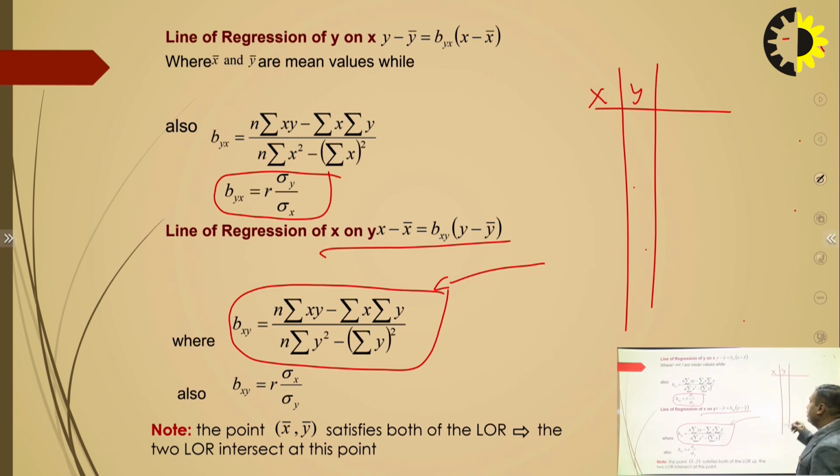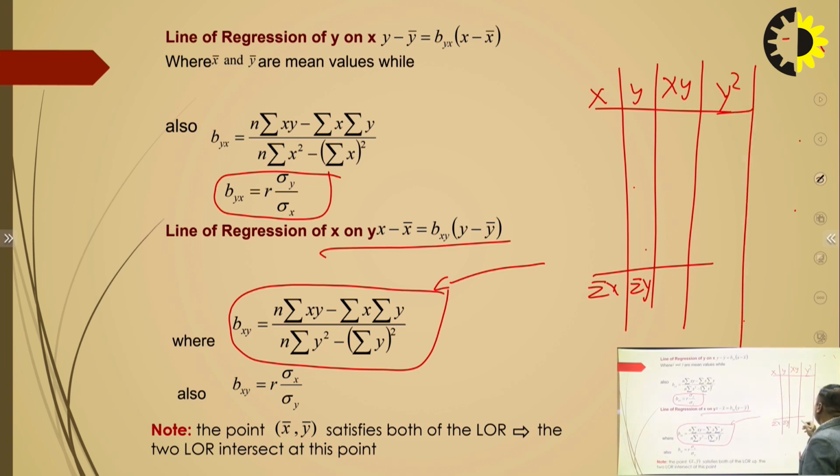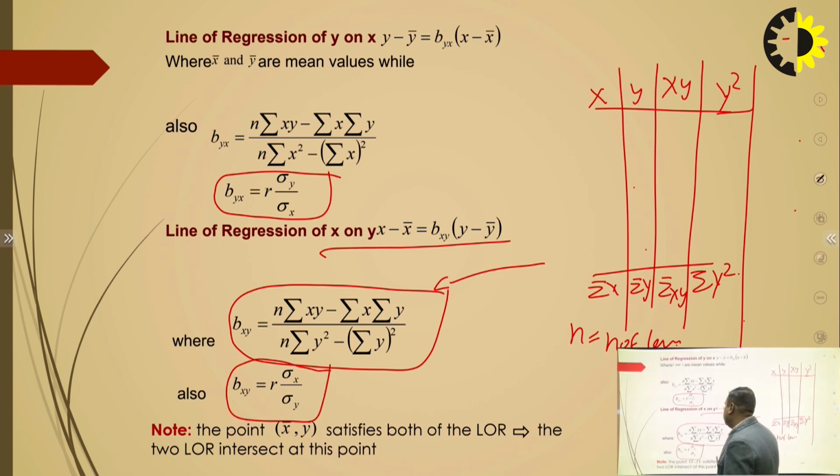Then we have to calculate summation x, summation y, xy, y square, summation y square, summation xy. N is the number of terms. And bxy is R sigma x upon sigma y. R is the coefficient of correlation, sigma x is the standard deviation of x, and sigma y is the standard deviation of y.